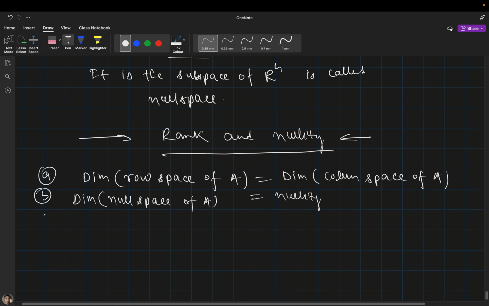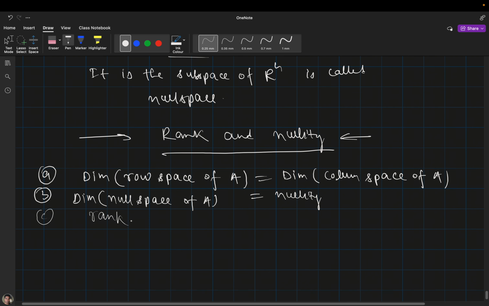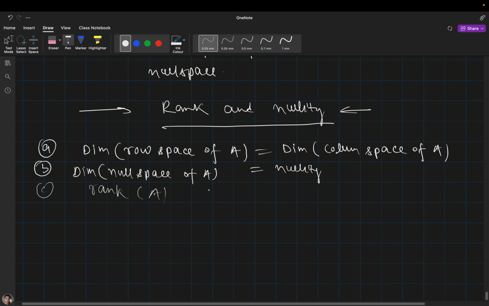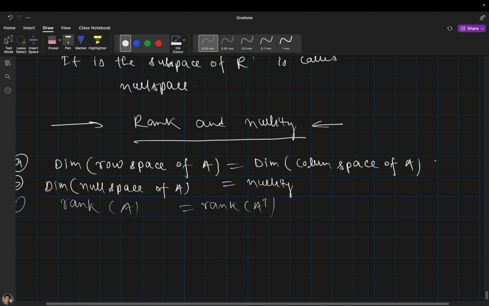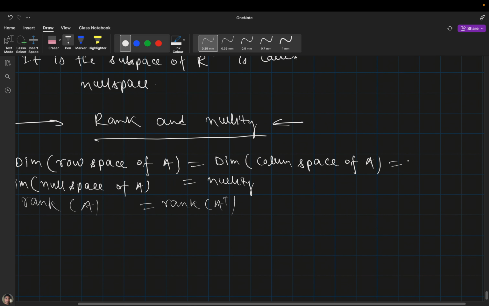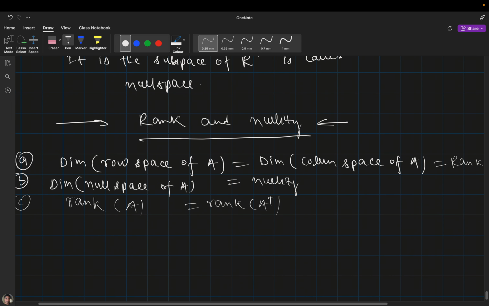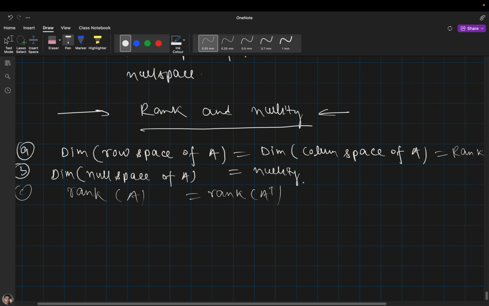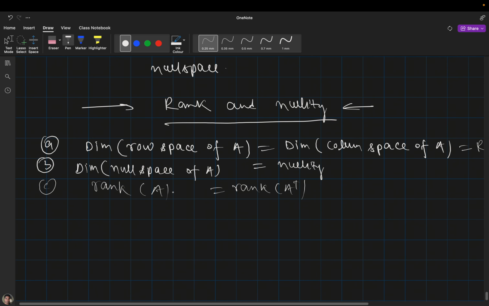And also here I forgot, the dimension of the row space of A equal to the dimension of the column space of A is also equal to the rank of A. The third one is the rank of A is also equal to the rank of A transpose.